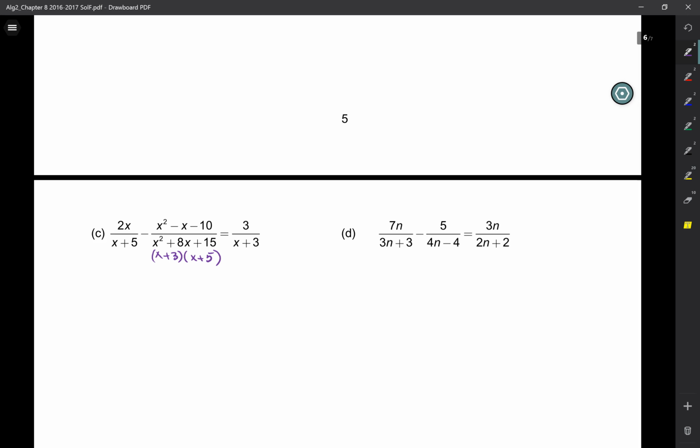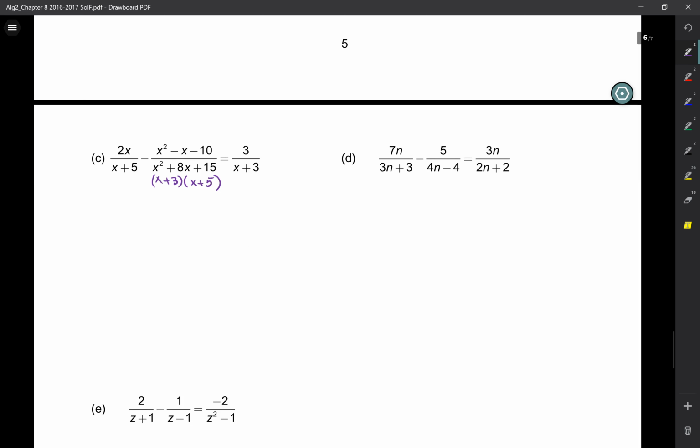Right, we have to do restrictions. So I do restrictions after I factor. The denominators are going to go away, so let's just leave the numerator as is. What are the restrictions? So x can't be negative 3 or negative 5.